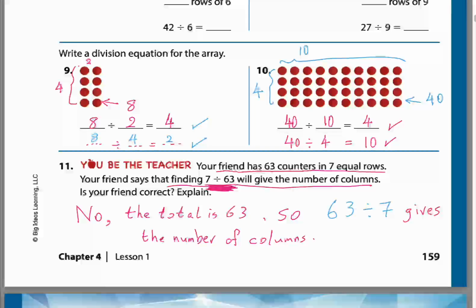Oh, you want to say the number of columns, the answer, the quotient. Okay, say it. 9. Great, so 63 divided by 7 equals 9. Excellent, Abdullah, thank you. Is there anyone writing? Yes, teacher. Okay, 10 more seconds and we move to the next page.